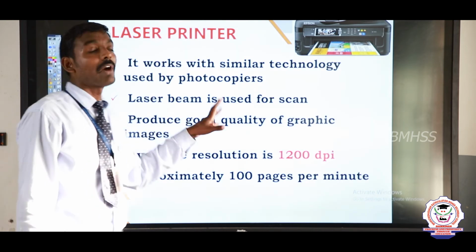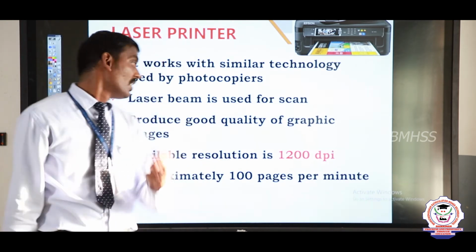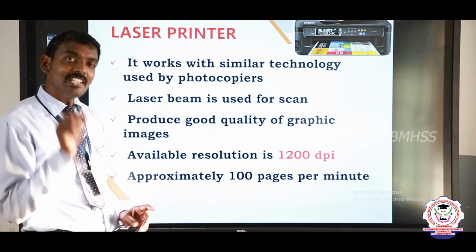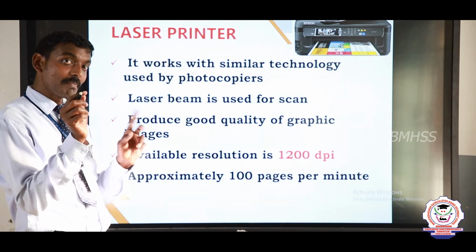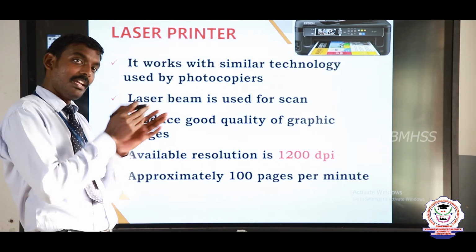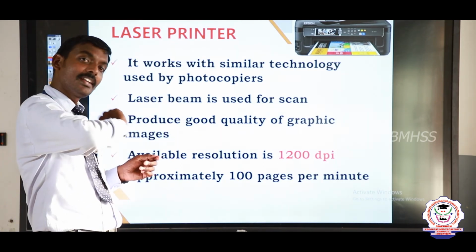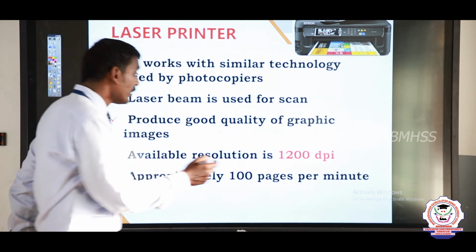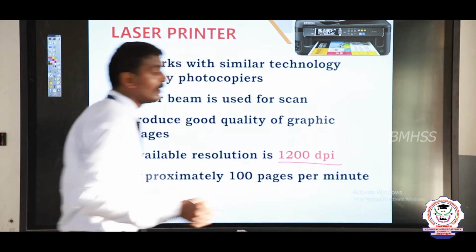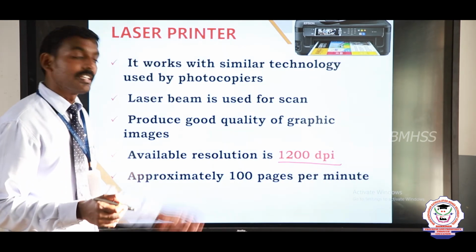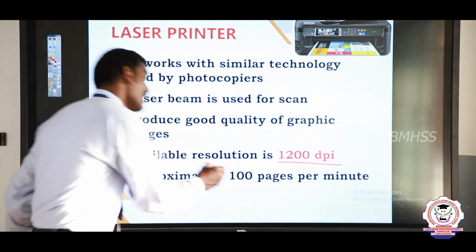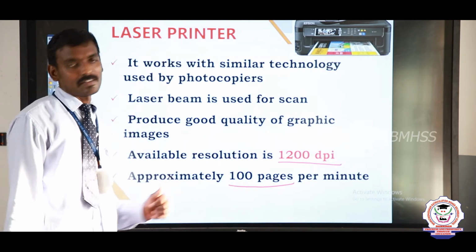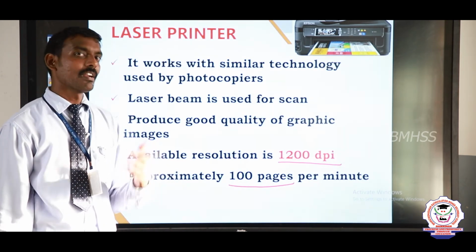Next, it produces good quality graphic images, and its available resolution is 1200 dots per inch. In a dot matrix printer, some dots in a particular line are used to type some content, but here 1200 dots per inch is used for displaying the content. 100 pages can be printed per minute, based upon our needs.